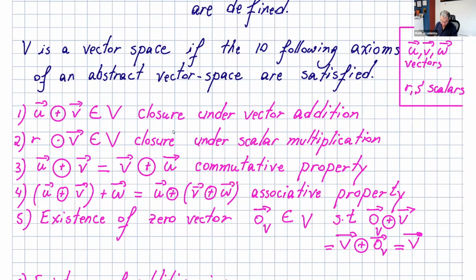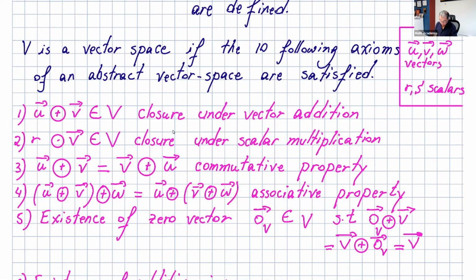U plus V should be equal to V plus U. That's the commutative property. U plus V, plus W should be equal to U plus V plus W with the parentheses on the other side. So it's just the associative property.